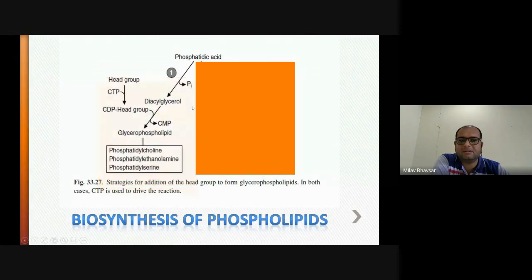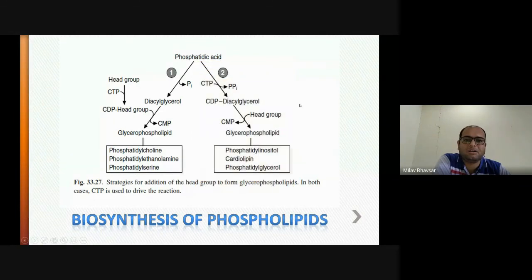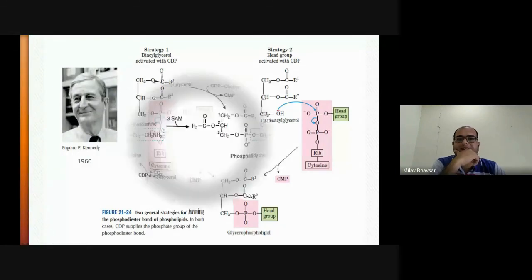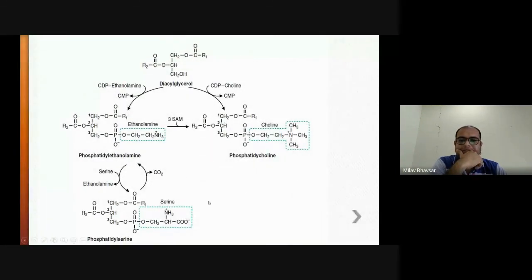Phosphatidic acid can generate diacylglycerol and ultimately glycerophospholipid, which can make either phosphatidylcholine, phosphatidylethanolamine, or phosphatidylserine, or it can go into CDP diacylglycerol, which can generate phosphatidylinositol, cardiolipin, or phosphatidylglycerol. So this is how glycerophospholipid is generated inside the body.